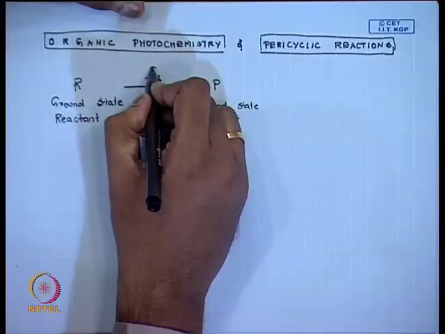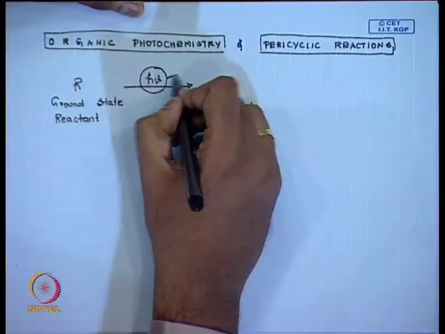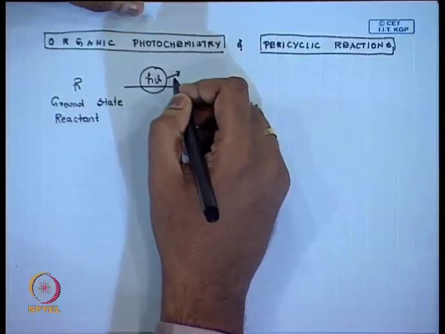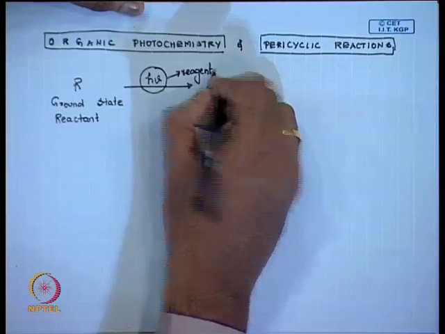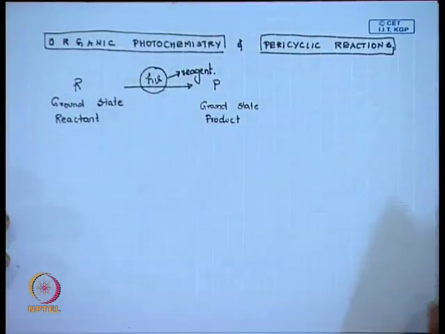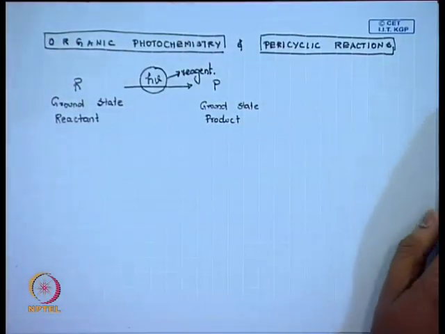In the same way, you have an R, you put in some reagent, then your R gets transformed into your P. In organic photochemistry, your reagent is nothing but h nu. Now, what we will try to do is briefly understand how this R is getting transformed into P. That is a broad spectrum of looking into organic photochemistry.